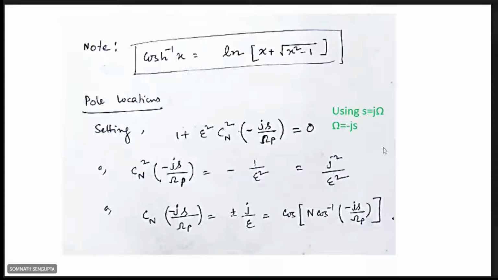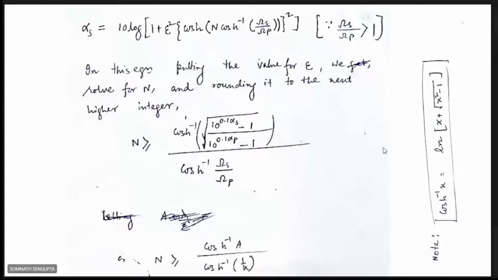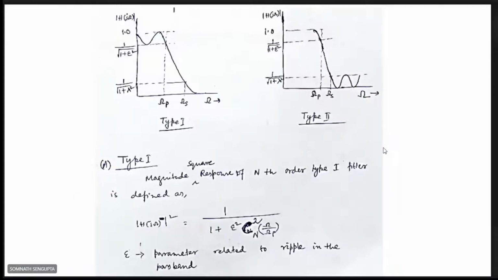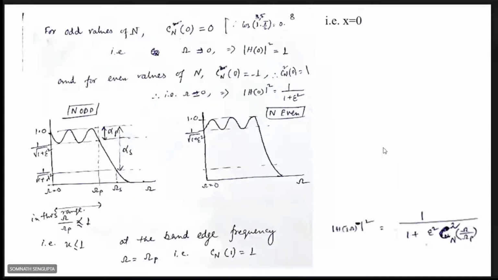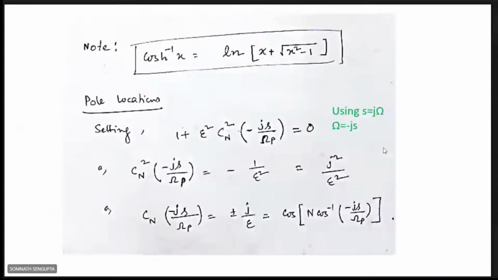Here the denominator is 1 plus epsilon square Cn square of omega by omega p. Let us see the formula again, and in place of omega we write minus js, because s is equal to j omega and omega is equal to s by j.